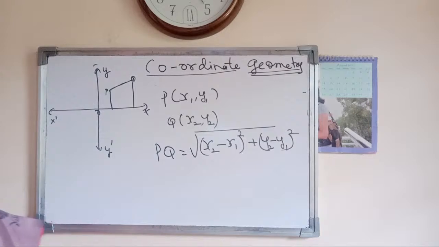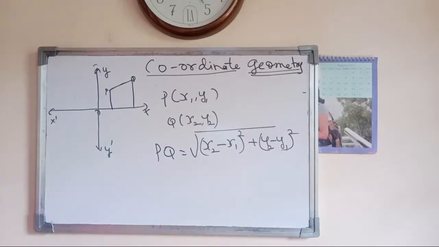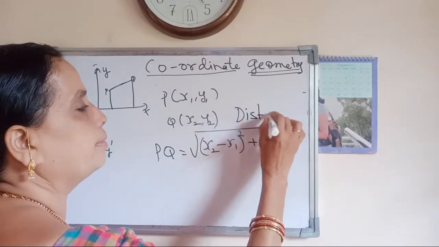Is it clear? The derivation of this is in the textbook, but it's not for your exam point. There is a reason I just took it as the direct distance formula. We call this the distance formula.